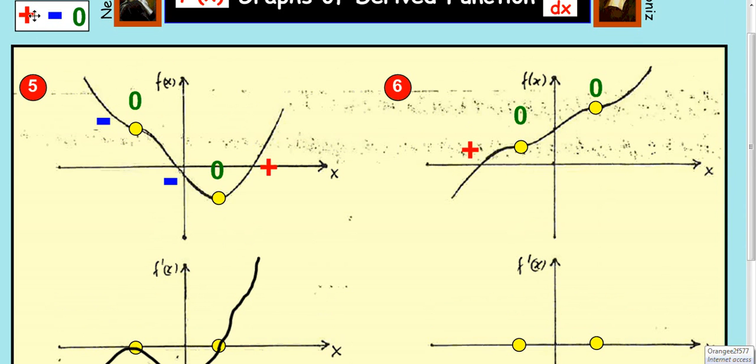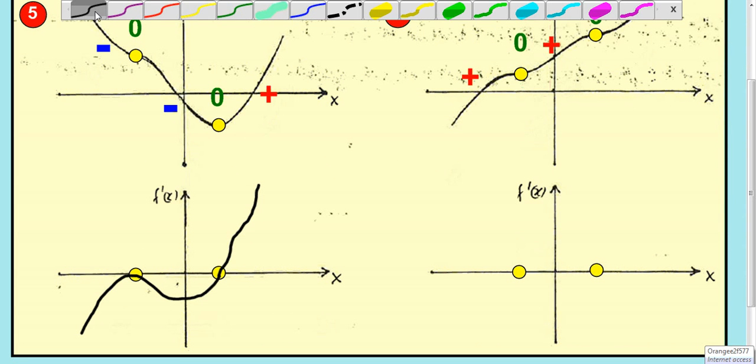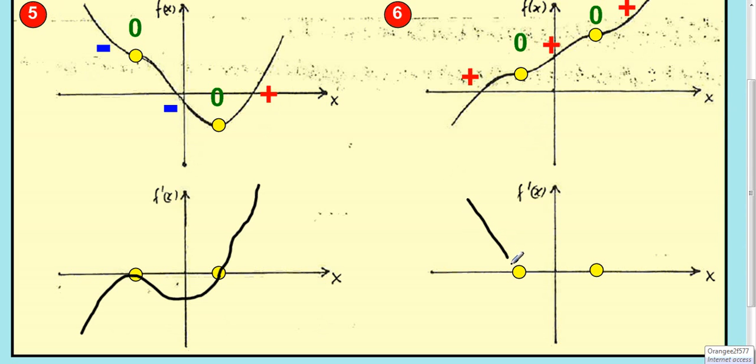So positive, positive, and positive. So we cannot dip below the x-axis here because everything's positive. So we'll come down. We need to stay above the x-axis, so we'll go up. We need to meet this again, and then we need to stay above the x-axis, so go up again.